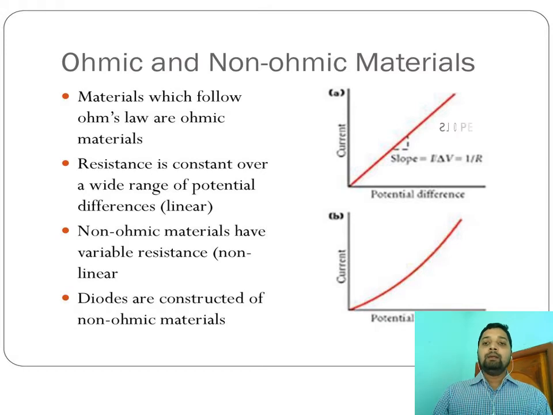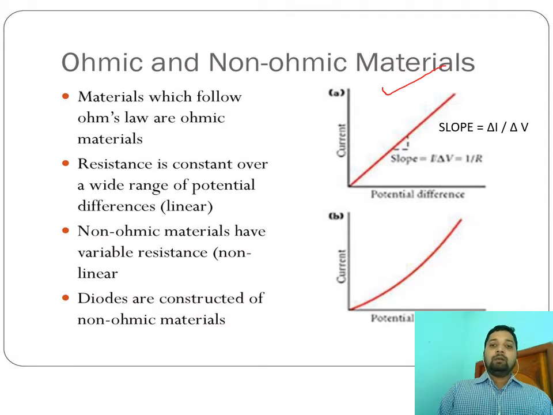To find the resistance in a graph where current is on the y-axis and potential difference is on the x-axis, we can find the resistance by taking the slope, change in y-axis by change in x-axis, or change in current by change in potential difference.